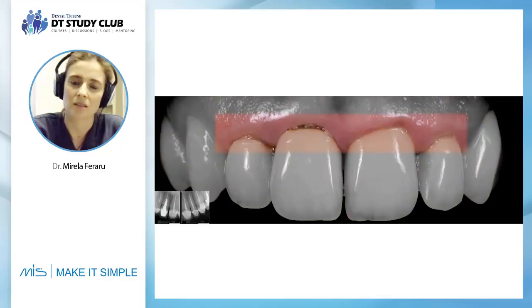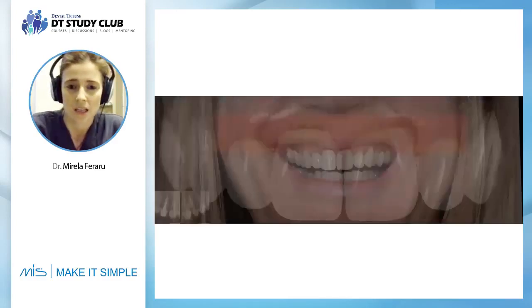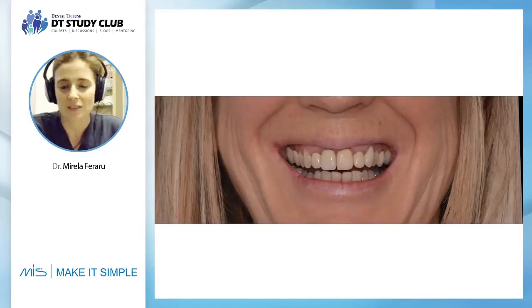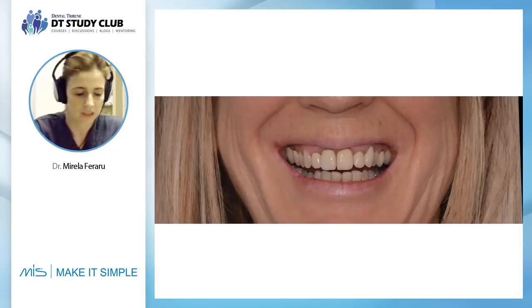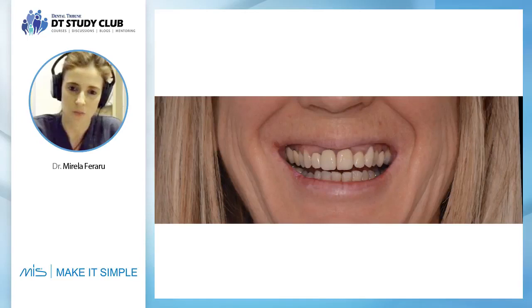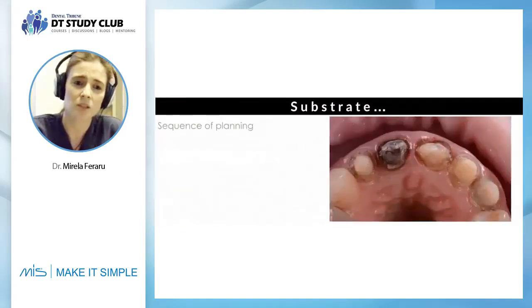We see soft tissues that are suffering. We see lack of adaptation between the crown margins, most probably with some overhanging, and soft tissues that are suffering. This discrepancy and lack of harmony becomes even more prominent when we look at the smile of such a patient.